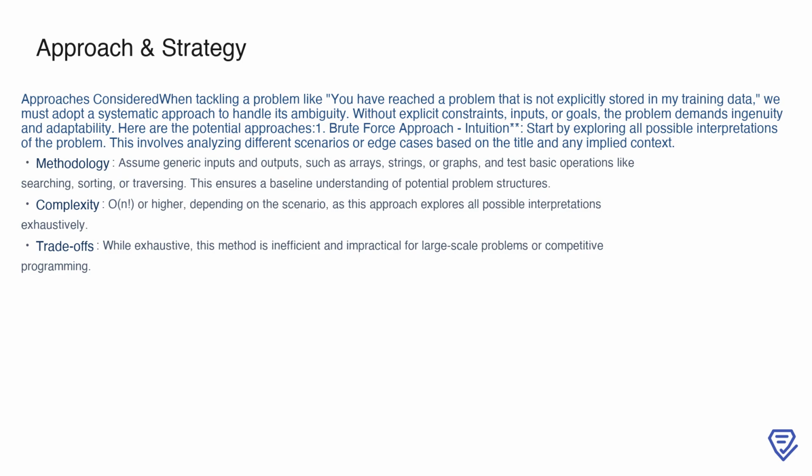For example, if we suspect the problem involves structures like arrays, strings, or graphs, we can test simple operations such as searching, sorting, or traversing. This gives us a baseline understanding of potential problem structures. However, this method is highly exhaustive, with a complexity that can easily reach factorial levels, making it impractical for larger-scale problems. While brute force ensures comprehensive coverage, it is inefficient and unlikely to be suitable for competitive programming scenarios.